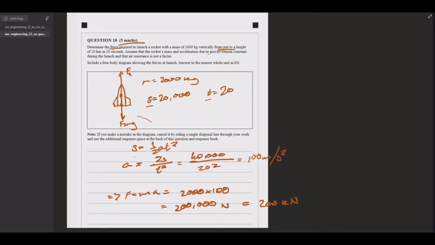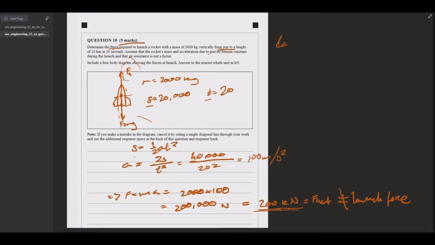So that's going to give us 200 kilonewtons, but that's not our answer, and that's because what we've calculated here, this value here is actually F net, but that's not the launch force. Because if we have a look, the launch force is going to be this segment of this part here, and then we're going to have the weight of the rocket that we also have to overcome first.